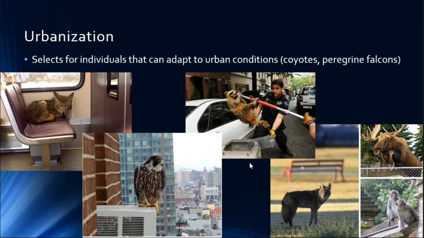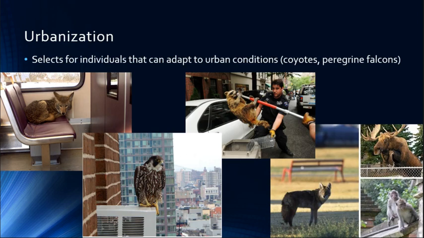This is a raccoon, and we all know that raccoons are generalists. They are feisty. They are great survivors. Here you have a wolf, obviously in a park. This over here is a moose jumping over a fence in the city. And then here in the corner, you have some little capuchins. I'm sorry, those are not capuchins. Those are macaques.